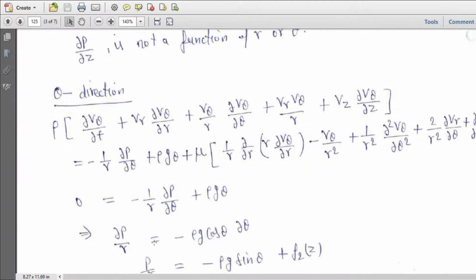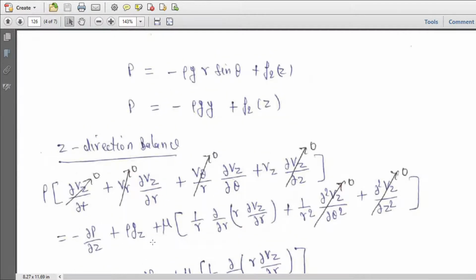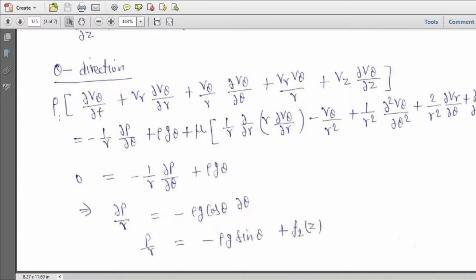Now the theta direction. We can write the theta direction component of the momentum balance, rho del V theta upon del t and so on. All V theta terms are 0, Vr terms are 0, so everything here comes to be 0 except these pressure terms. So you got 0 equal to minus 1 upon r del P upon del theta plus rho g theta.